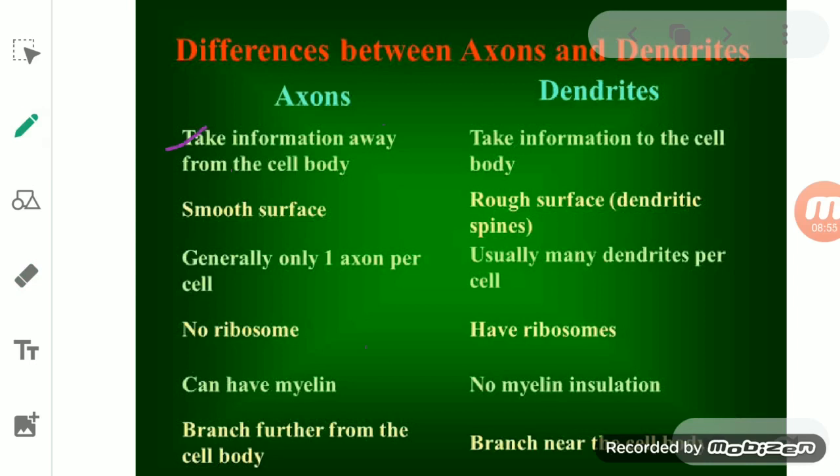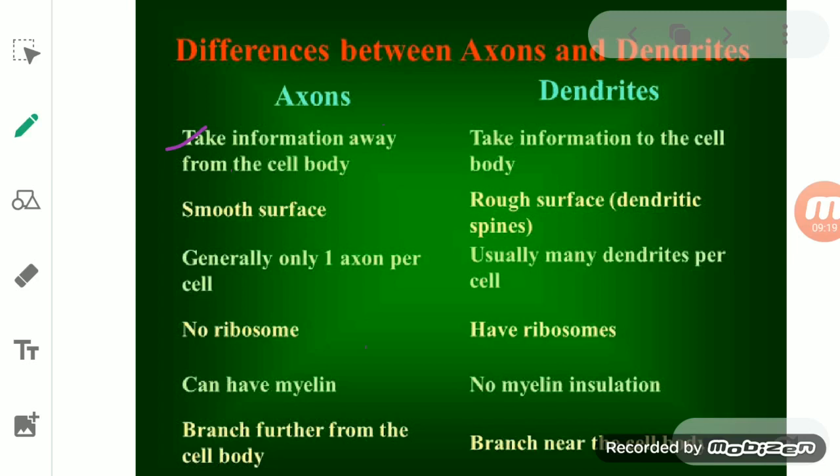Next one is the smooth surface, and here it is the rough surface. Since the axon does not have dendritic spines on it, the surface of the axon is smooth, while the surface of the dendrites is rough due to the presence of dendritic spines on it.